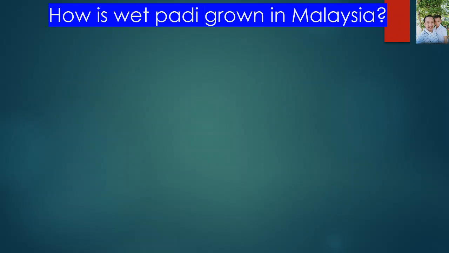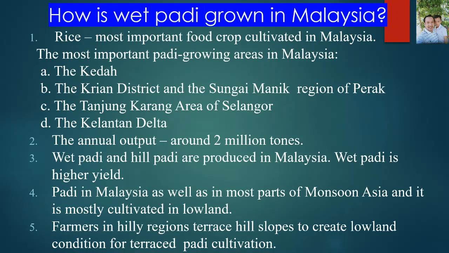The first point that you have to know is how wet paddy is grown in Malaysia. Rice is the most important food crop cultivated in Malaysia.